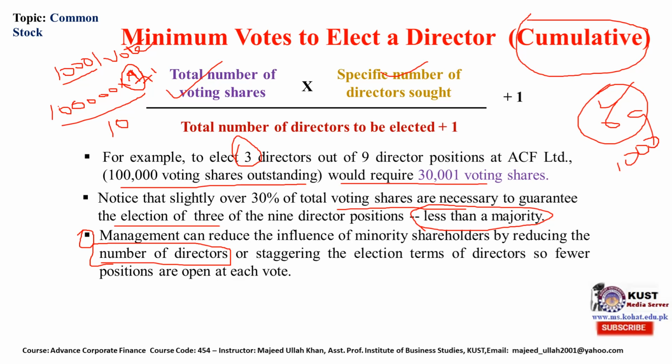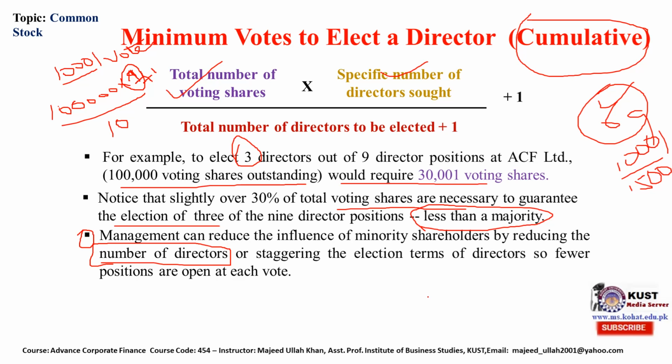Then in 6, by using this formula, you will need more than 15,000 votes. So by reducing the number of directorships on the board, that will create a hurdle for the minority shareholder to elect any one director.